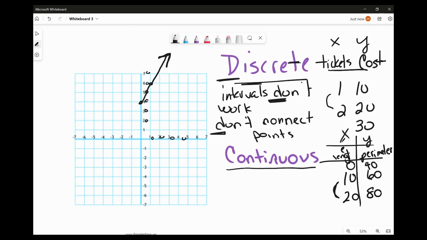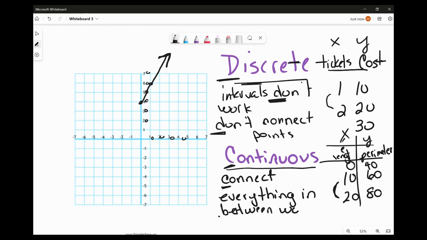All those D's go together. If you're talking about continuous, you do connect. So on continuous, you connect, and everything in between works. Okay, so that's the difference between discrete and continuous. That's as difficult as that gets.